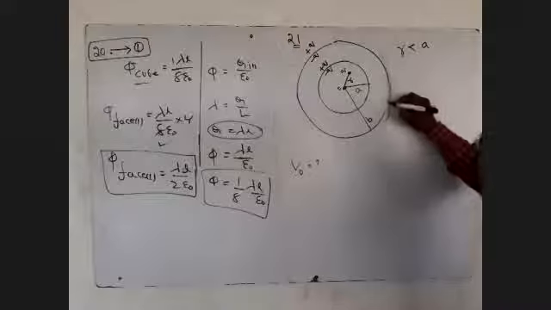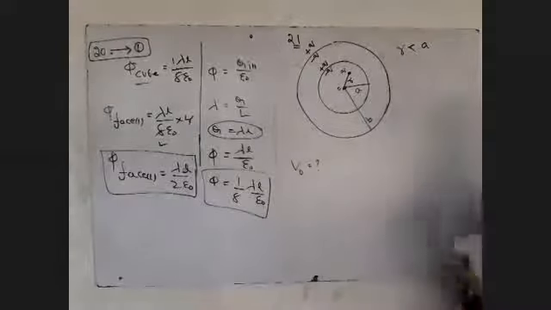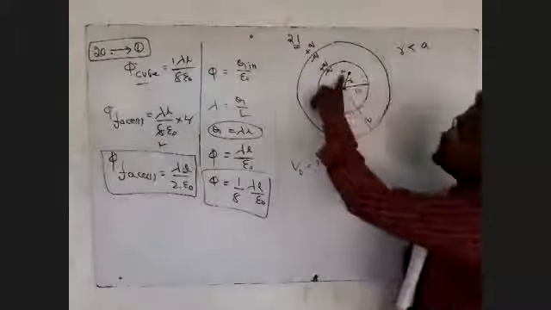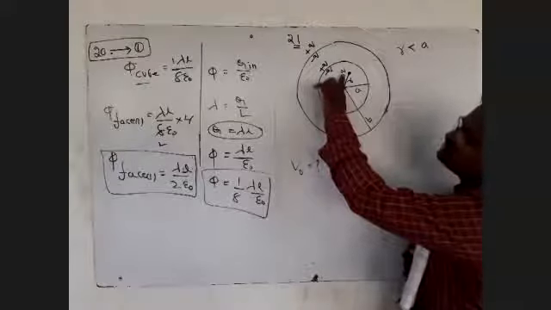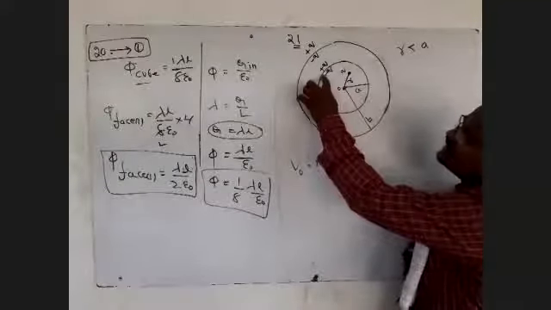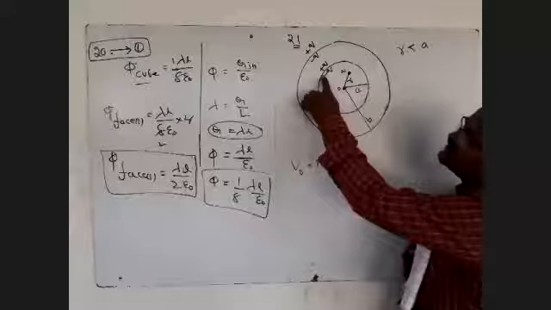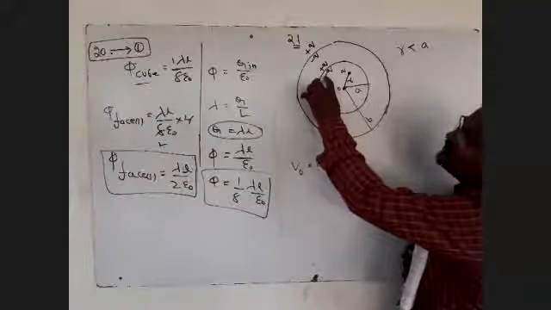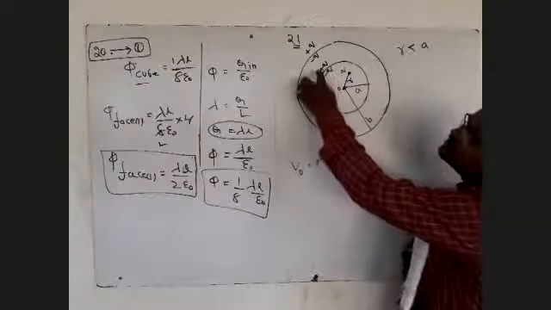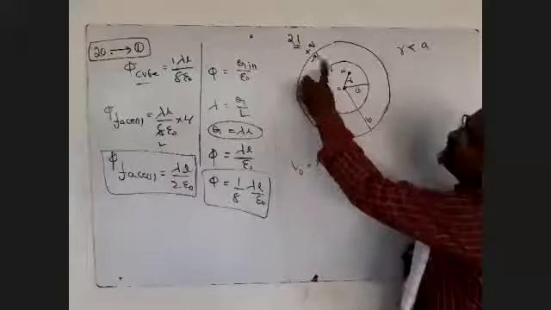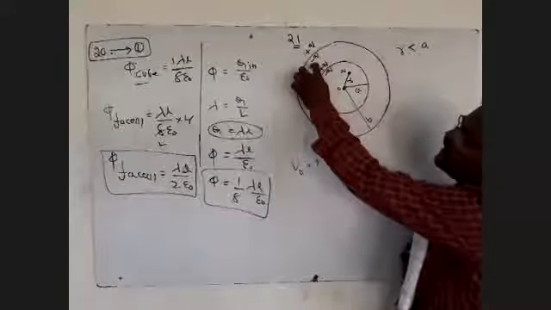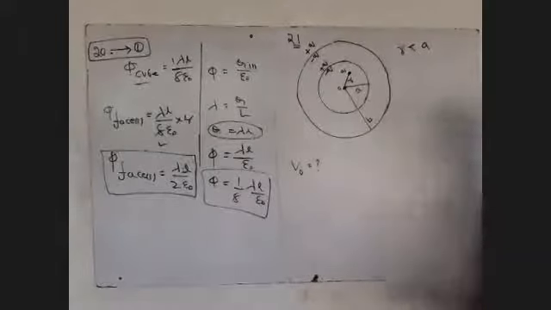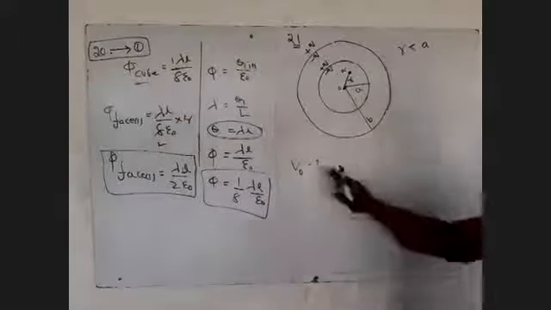How can you find the electric potential? You see that one. This is a positive charge, and this is the inner spherical conducting shell. Inside, minus Q is induced here, and on the upper side plus Q is induced on the spherical shell. We are finding V naught.